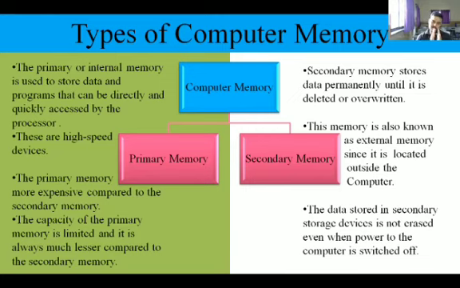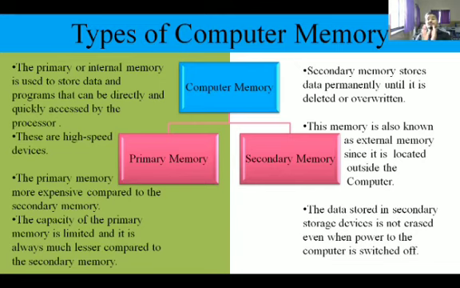It is stored inside the CPU, directly connected to your processor, but stores less data as compared to secondary memory. And primary memory will hold your data permanently and also temporarily. It depends on what kind of memory you are using.